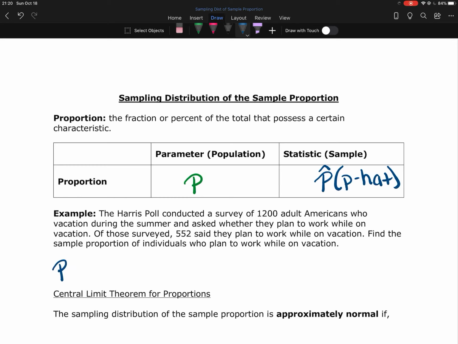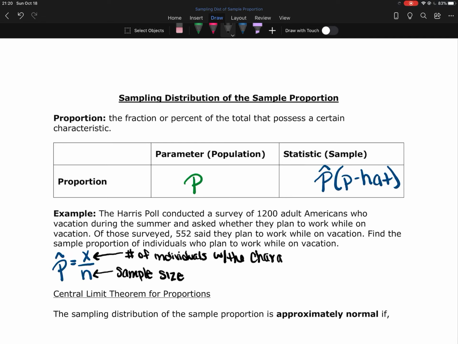So when we're asked to calculate a sample proportion, p hat, we are going to calculate that by taking x divided by n, where n is the sample size, as it always has been, and x is the number of individuals with the characteristic that you're looking at.